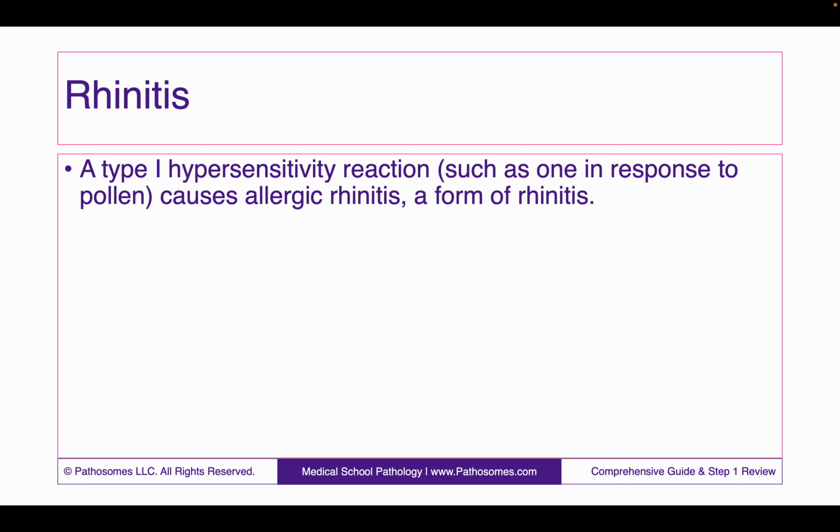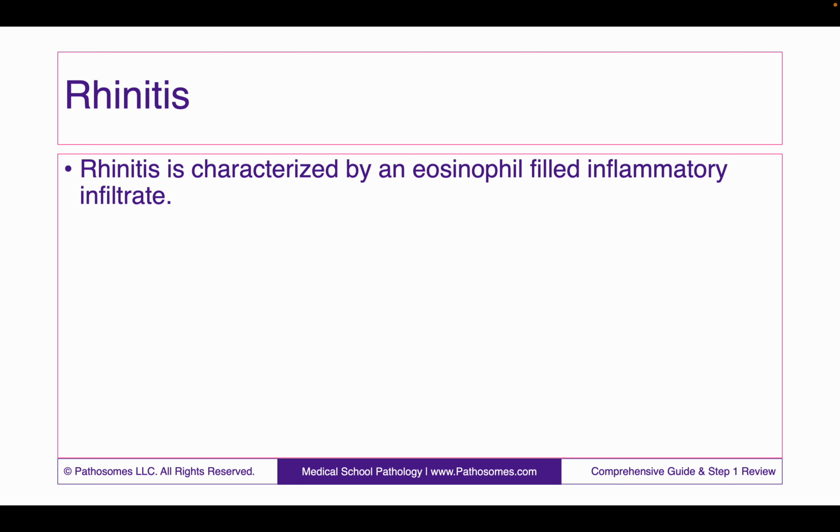Rhinitis can be a type 1 hypersensitivity reaction, such as one in response to pollen. And this is what causes allergic rhinitis, which is a form of rhinitis. Allergic rhinitis is characterized by an eosinophil-filled inflammatory infiltrate.